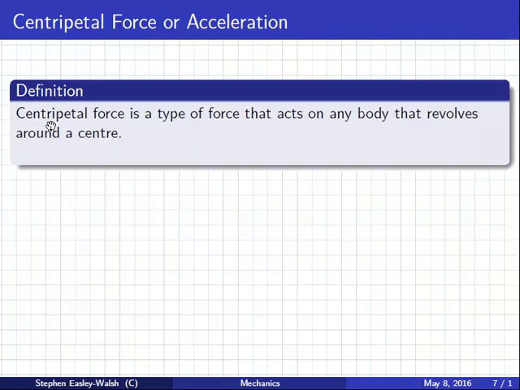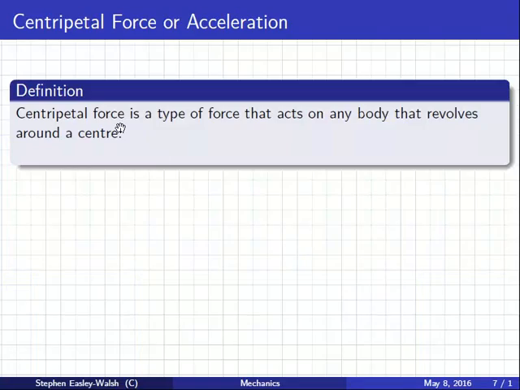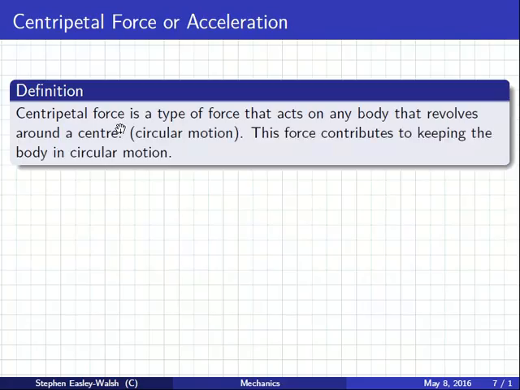Centripetal force is a type of force that makes the body revolve around the center. So it's just a special name for this force. This force keeps it moving in a circle.